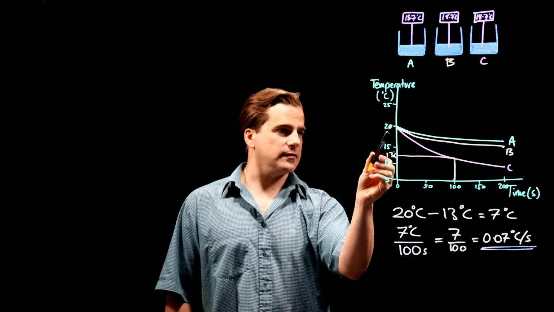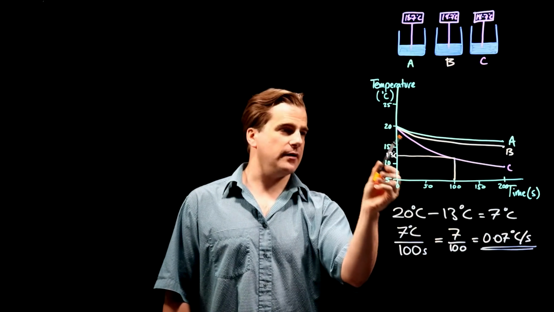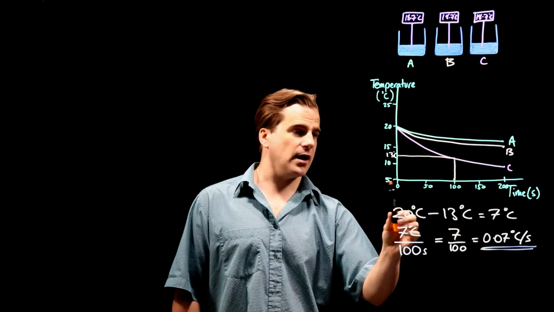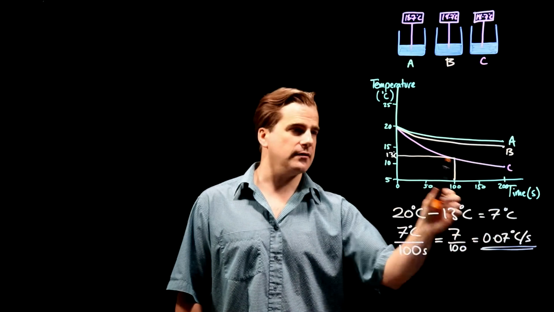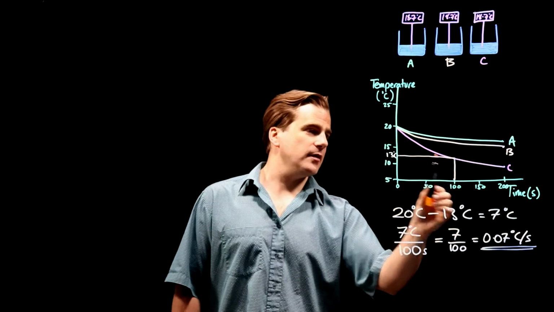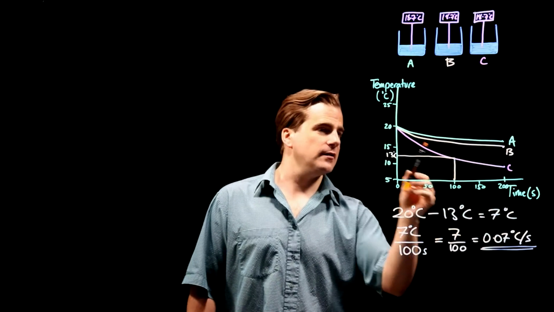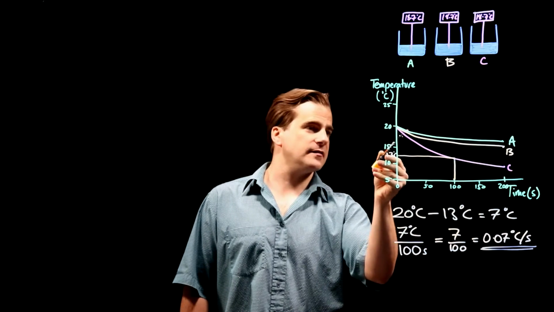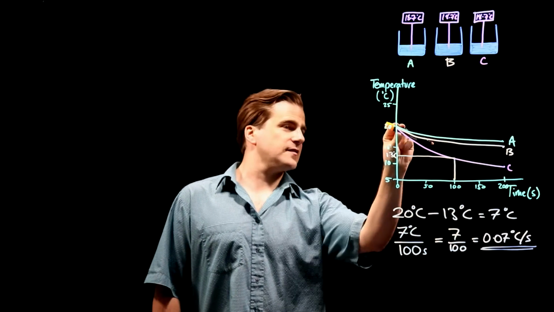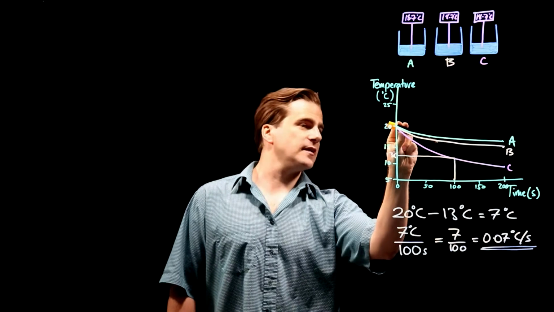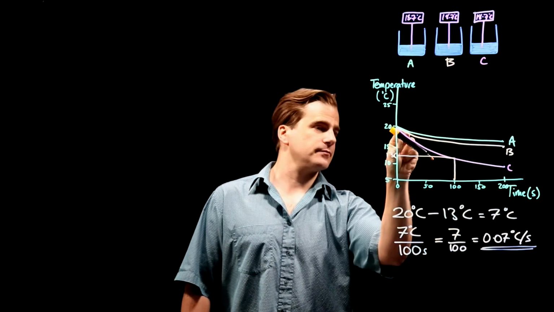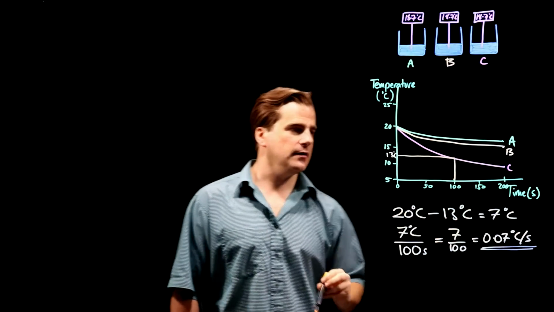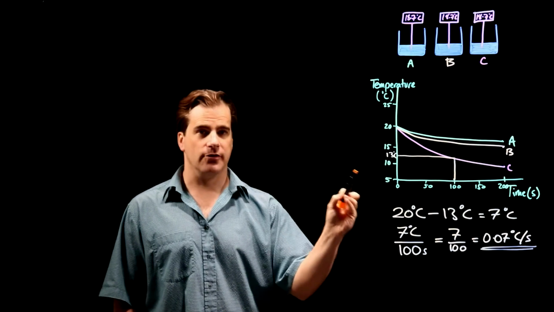In other words, the graph is steeper at the start than at the end. That's steeper for C than there. For B, that's steeper early on than there, and same for A, it's steeper there. In other words, the slope is steeper here than here. That's what all three have in common.